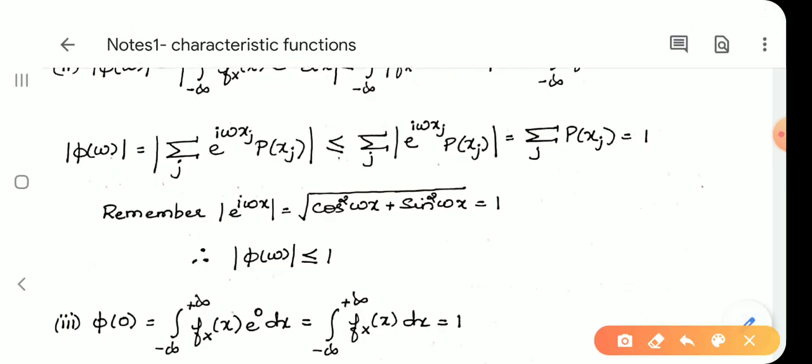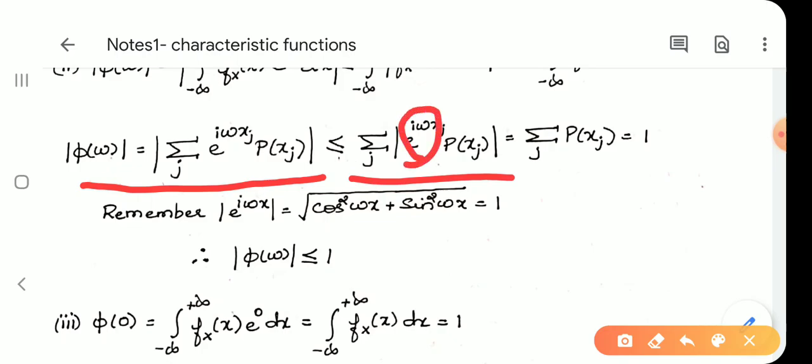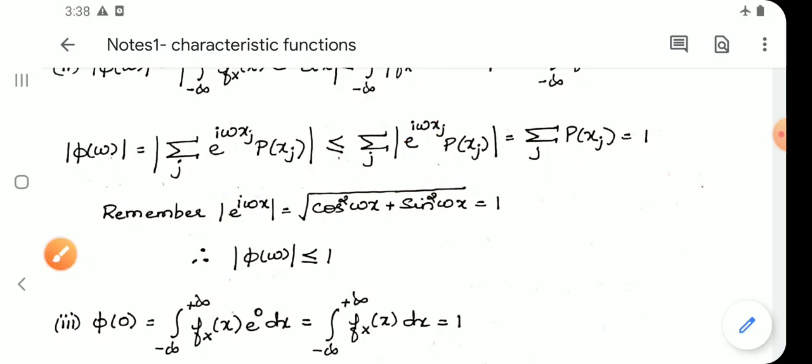Modulus of phi of omega is equal to the modulus of the summation of e to the power i omega x_j into p of x_j, which is less than or equal to the summation of the modulus of e to the power i omega x_j times p of x_j. This modulus becomes 1, so we get the summation of p of x_j, which is nothing but 1 in the case of a discrete random variable.